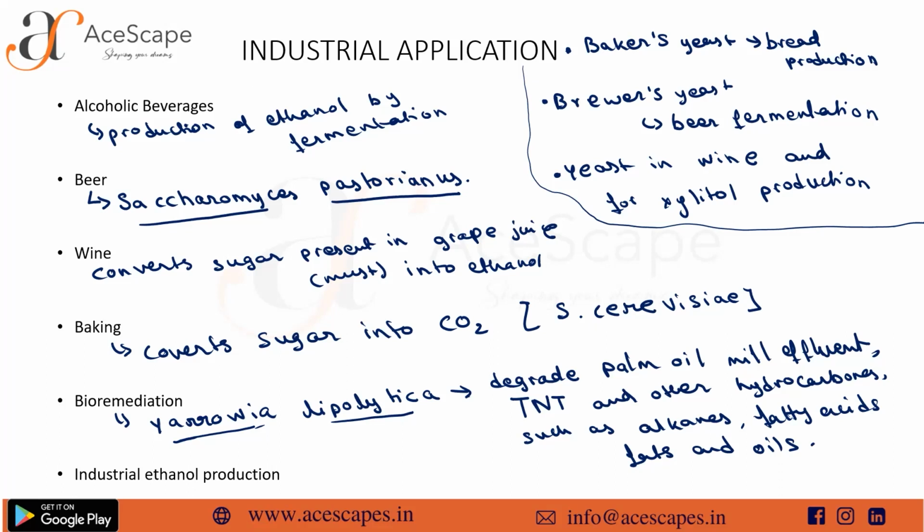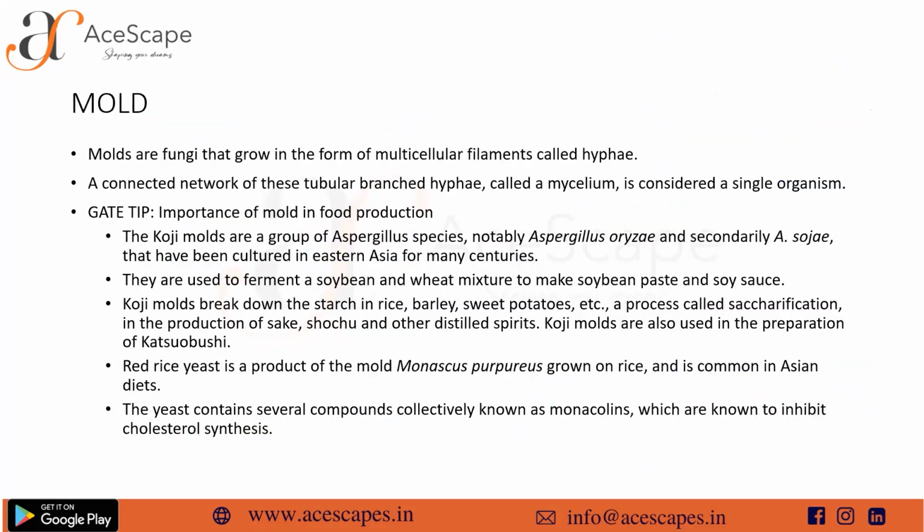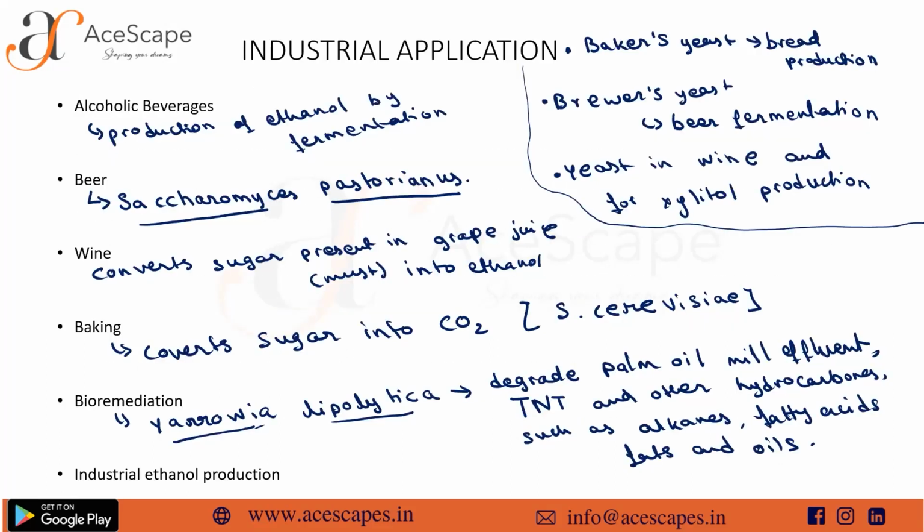Saccharomyces yeast have been genetically engineered for this purpose to ferment xylose, one of the major fermentable sugars present in this biomass. So like that they produce ethanol and later use it as a fuel. So these are the industrial applications.